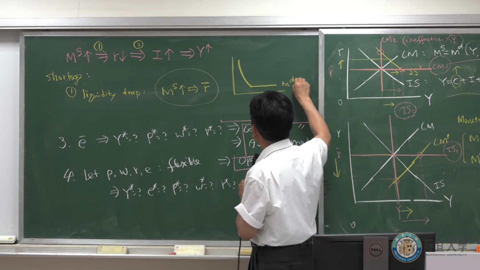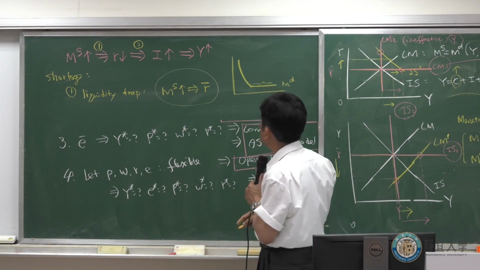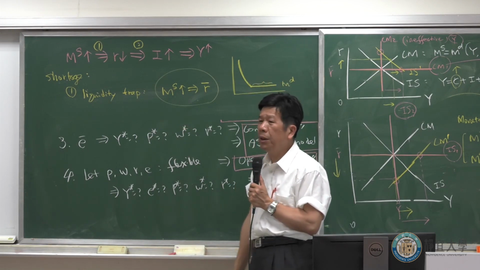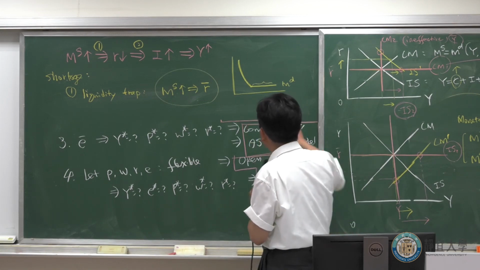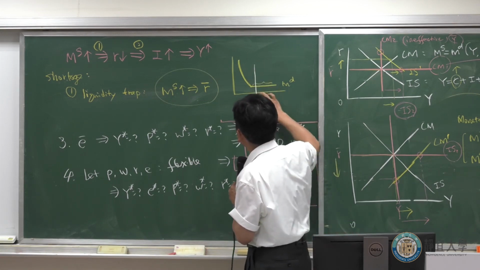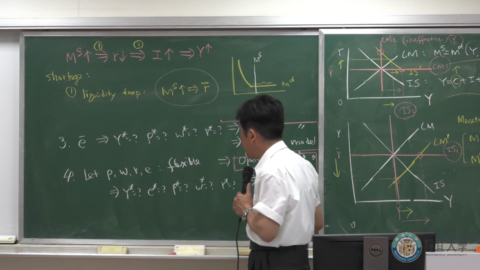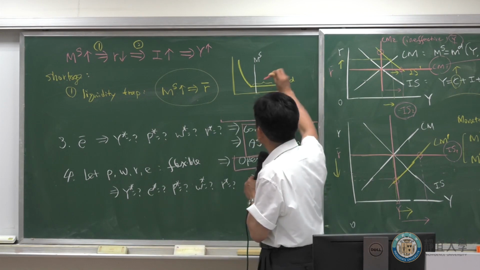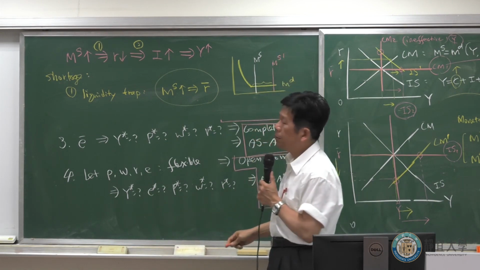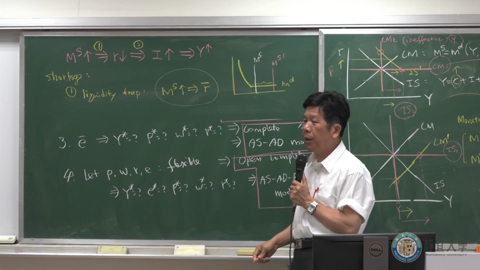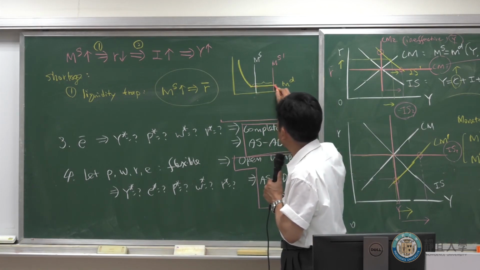This is not working as expected. For example, in the situation here, this is the money demand, and this area we call the liquidity trap. If this is the money supply and it increases to money supply plus, you can look from this point to this point.